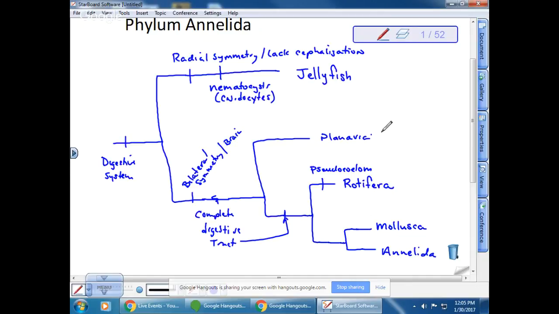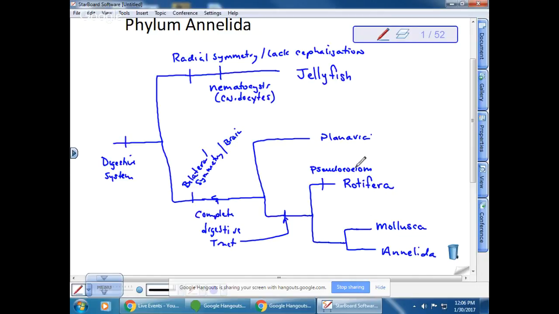So they don't really have a circulatory system. Nutrients are just transported by diffusion. And that's why it's so important that they are flat, because if they were bigger and more solid, then the digestive system would have a harder time getting nutrients to all the cells. They also absorb oxygen right across the surface of their body as well. Okay.